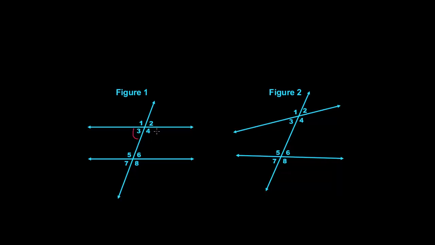And it's going to ask us to compare 3 to 5. Well, what do we know? We know 1 and 5 are congruent. We know 3 and 7 are congruent. So 1 and 3, they formed a linear pair. They added up to 180. So would 3 and 5 then add up to 180? If 5 takes the place of 1, it would.